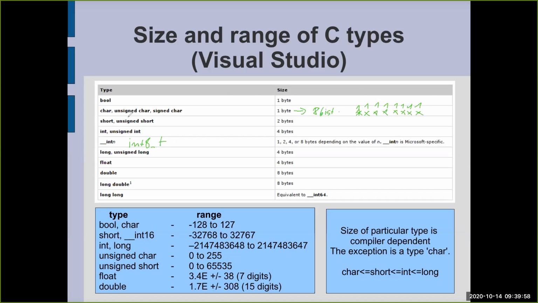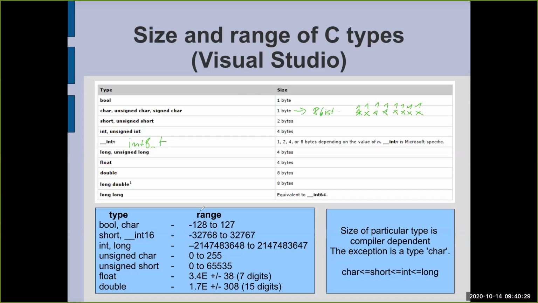But okay, so for integer we have 4 bytes, for example. For long, we have 8 bytes. So they differ in the amount of memory which is allocated to store a given value.